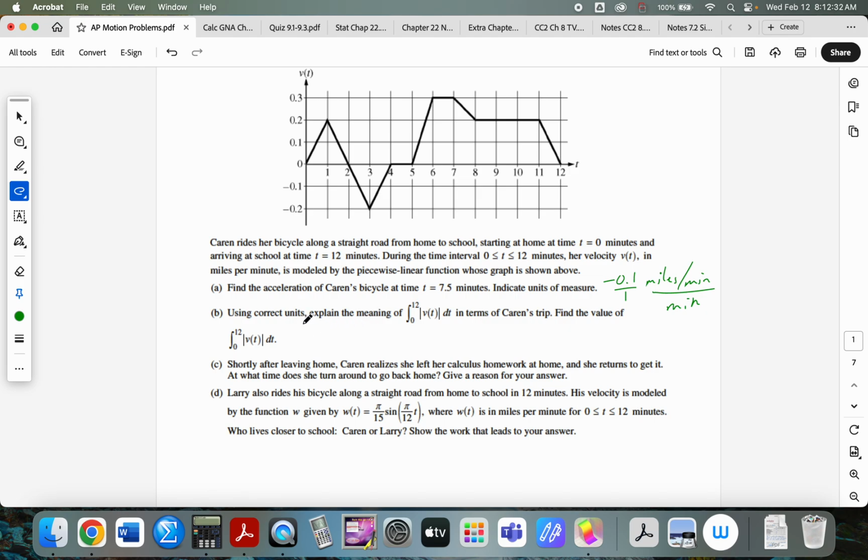The integral is the total distance Karen traveled in miles from t equals 0 to t equals 12 minutes.